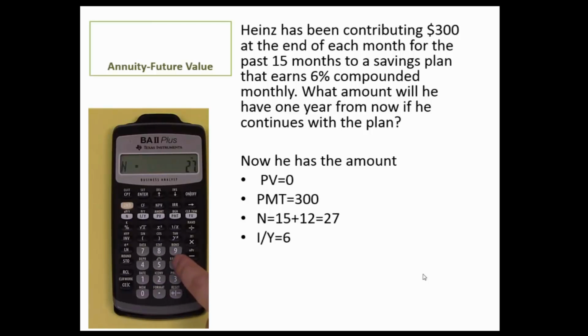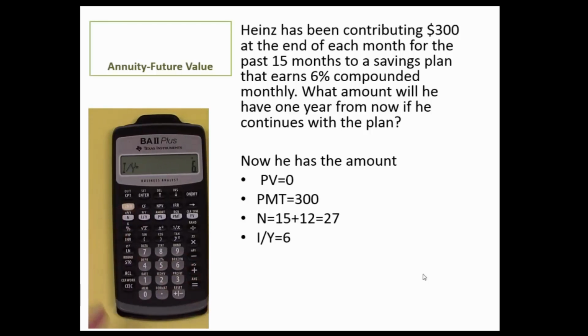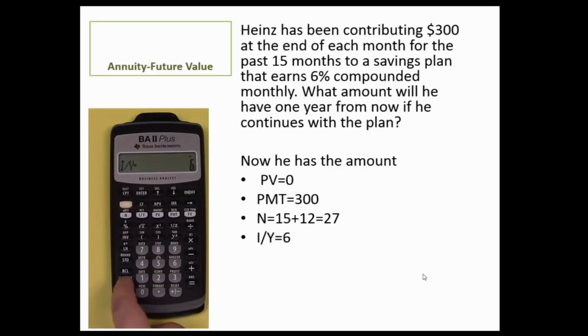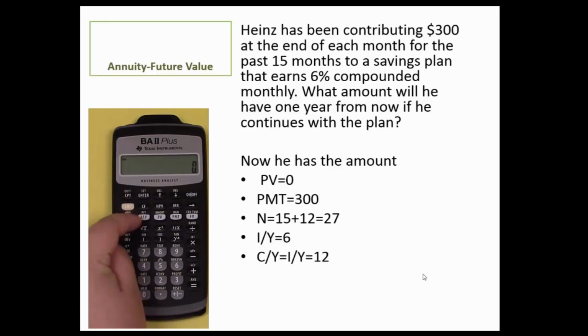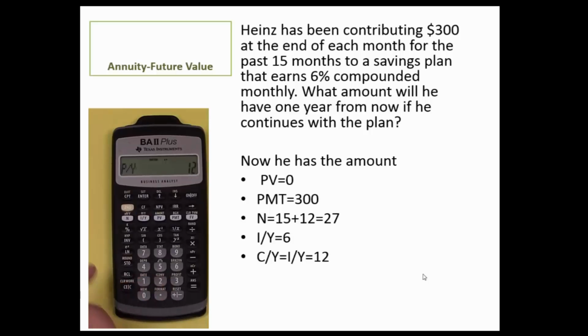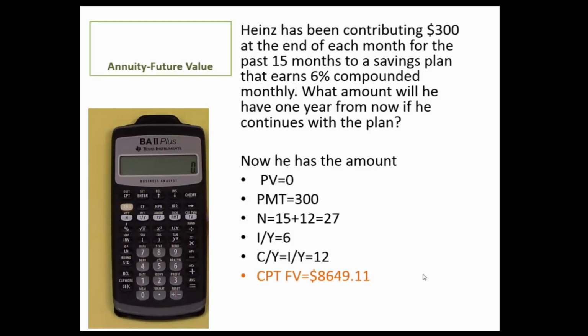The interest rate is 6%, and we change compounding to 12 as it is monthly. Now press Compute Future Value to get the answer.